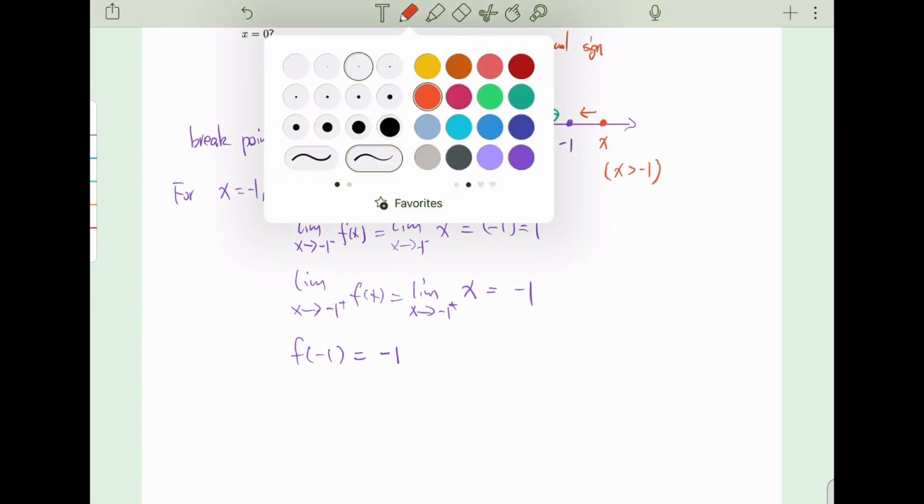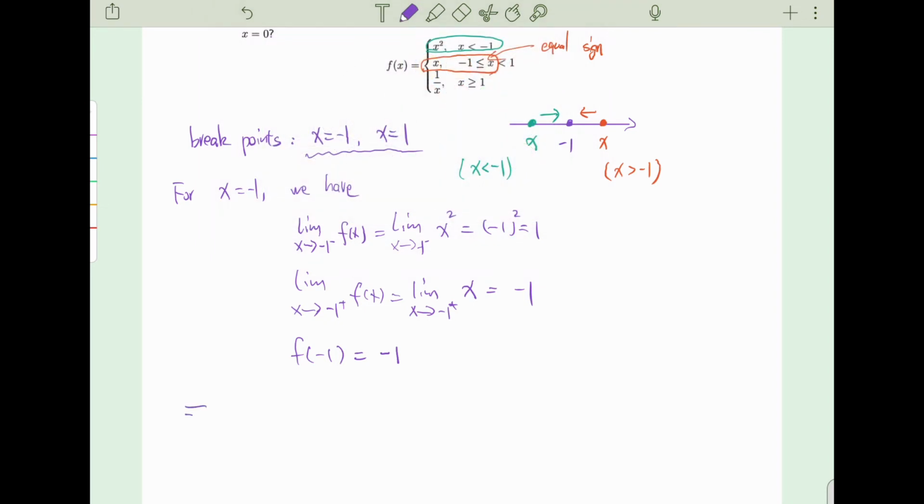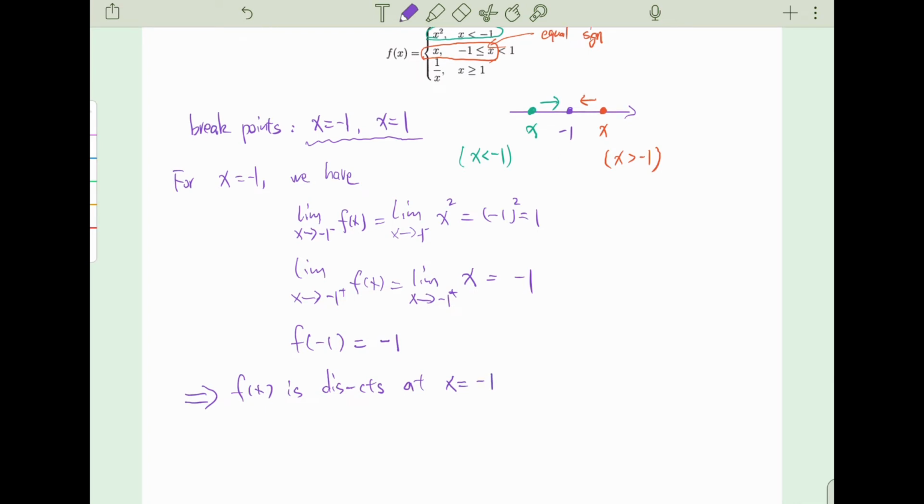Okay, so we can conclude that these three things are different. So f of x is discontinuous at x equal to -1. Okay.